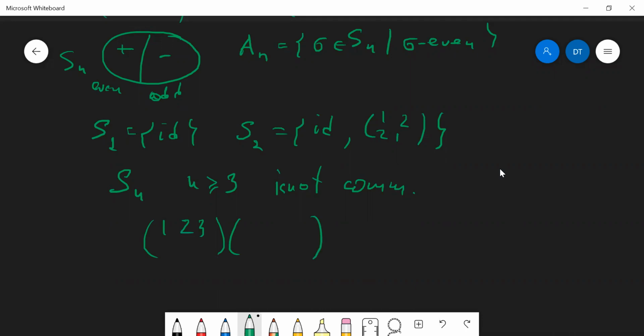Let me make it easier. I want you to find two permutations. This will be a sigma, and this will be a tau. I want you to fill the second rows. Could you find permutations sigma and tau such that the product on the left-hand side is not equal to the product on the right-hand side?